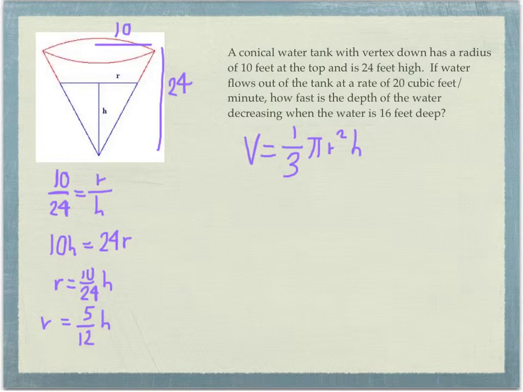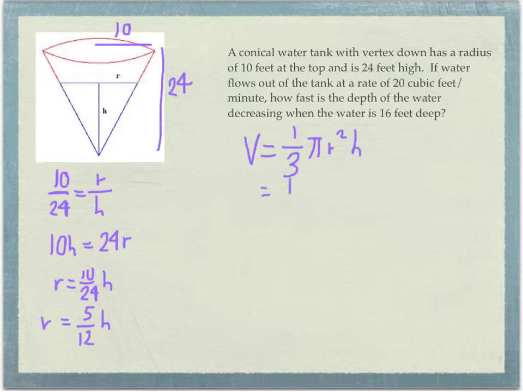I'd like to whittle that down so I really just have one variable there. And so that's where this solving for r comes into play. I'm going to essentially put this r value in place of this one. And so then the only two variables I'll have to worry about are h and the volume, which is what I need. Alright, so let's go ahead and do that.